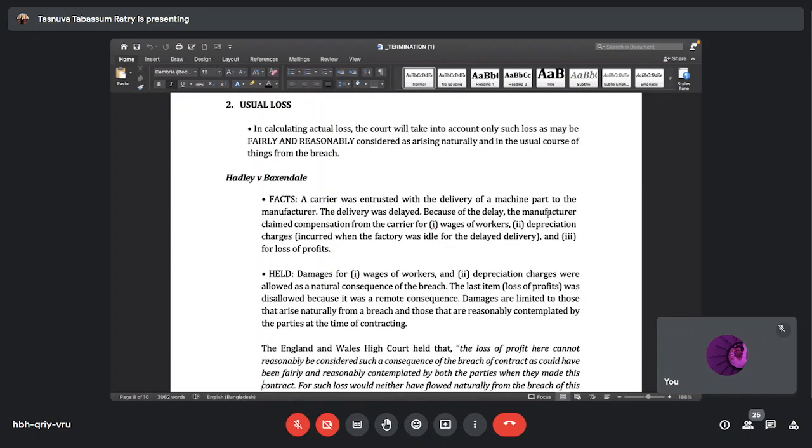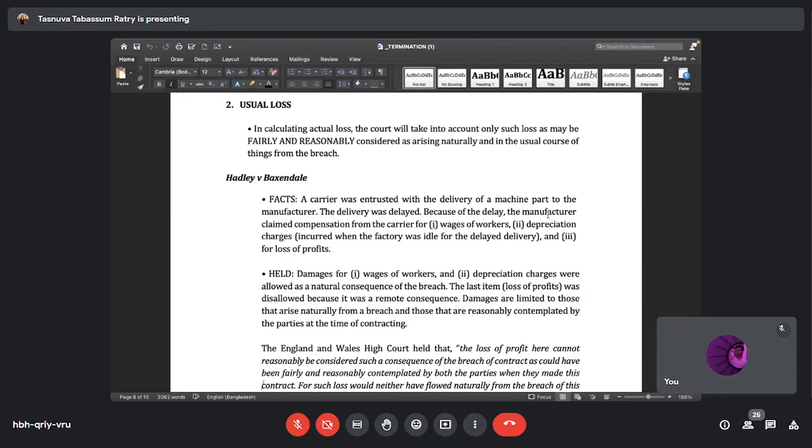If the loss is not fair and reasonable, and not a usual consequence of the breach of contract, it will not be received by the aggrieved party.